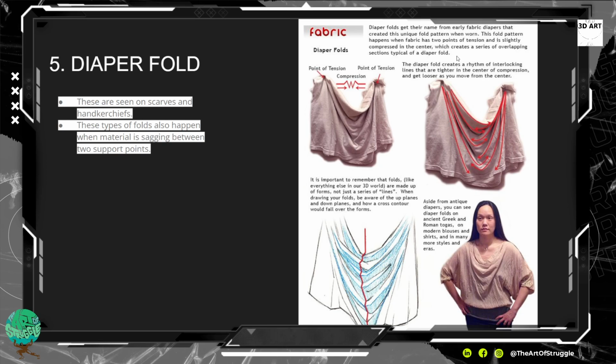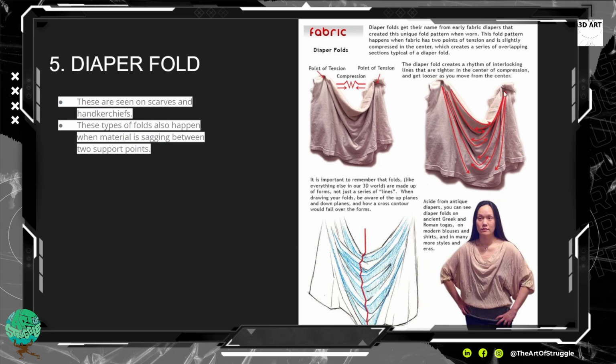So it creates a rhythm of interlocking lines that are tighter in the center of compression and get looser as you move from the center. So you can see what they're saying is at this center right here, you can see how tight, right?